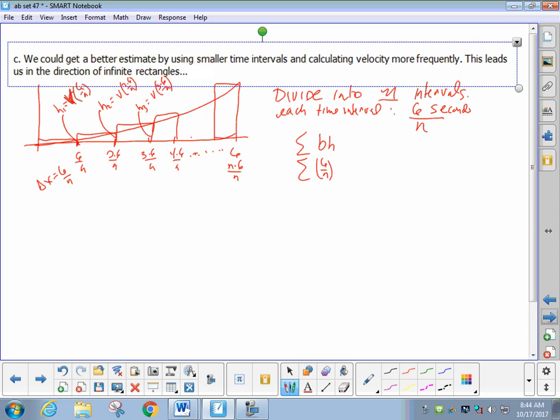Generally speaking, the height is the velocity at some multiple of 6 over n, counting up by 1 each time. So we're going to use summation notation and call that counter i. Because we're using right-hand rectangles, our first height was when we use an i of 1. And the last height would be here. The nth height is the velocity at the nth 6 over n, which is 6. So it's going to end at n.